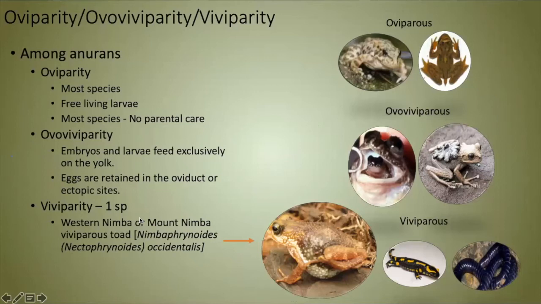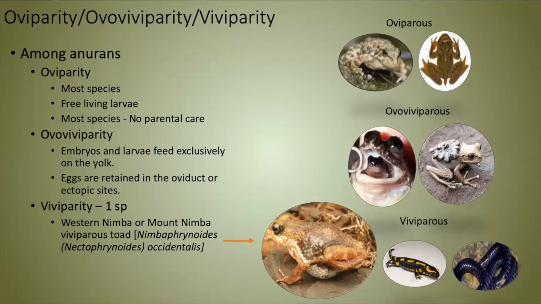Okay, so Anurans show different spawning strategies, among which we'll find oviparity, in which the fertilized egg and embryo develop outside the mother's body. Most Anuran species are oviparous, and they show free-living larvae and no parental care.